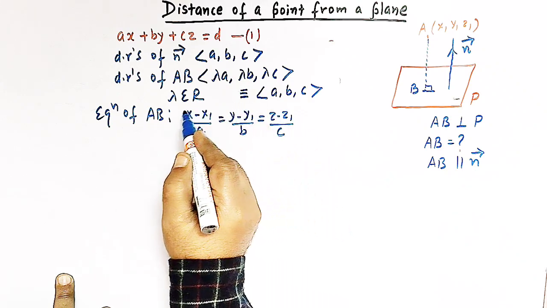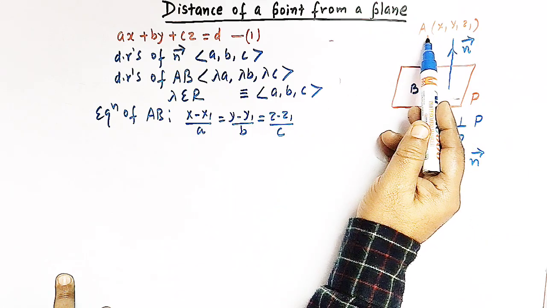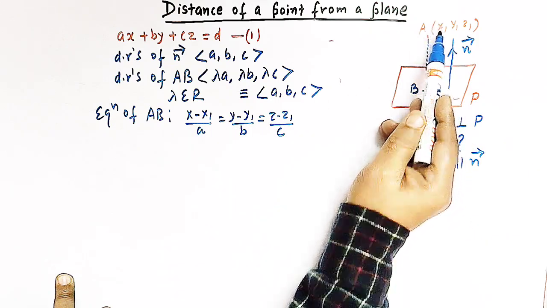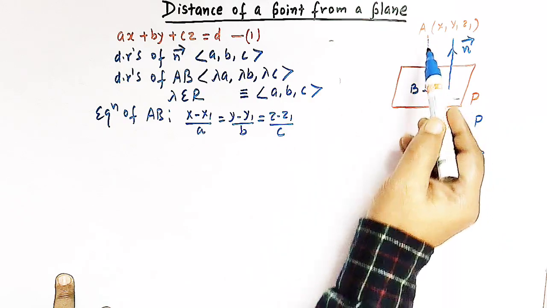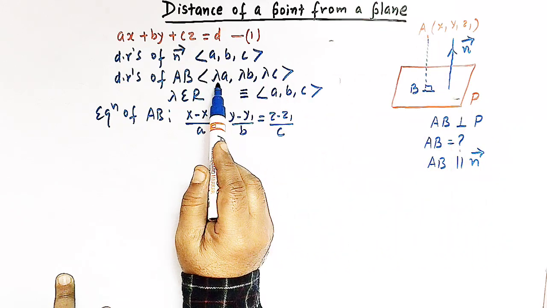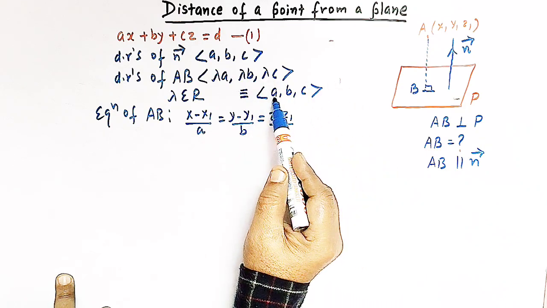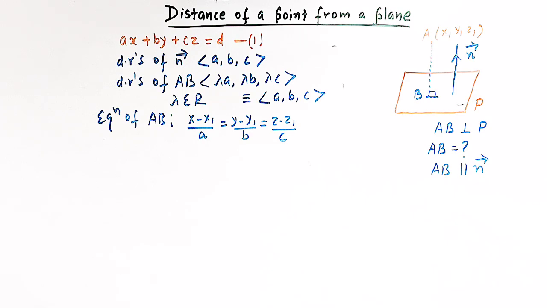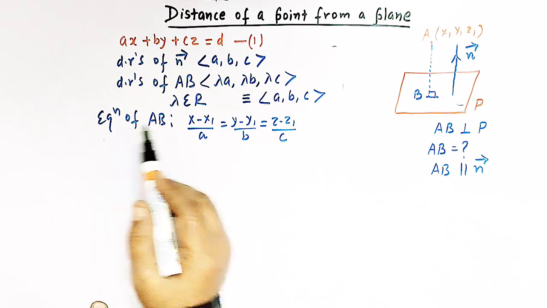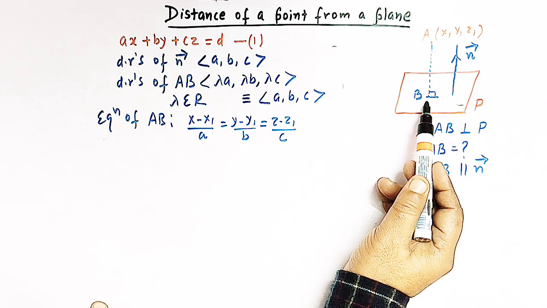So this is the equation of this perpendicular AB, where this AB passes through this point x1, y1, z1, and the direction ratios of AB can be taken as lambda a, lambda b, lambda c, or simply a, b and c, right?